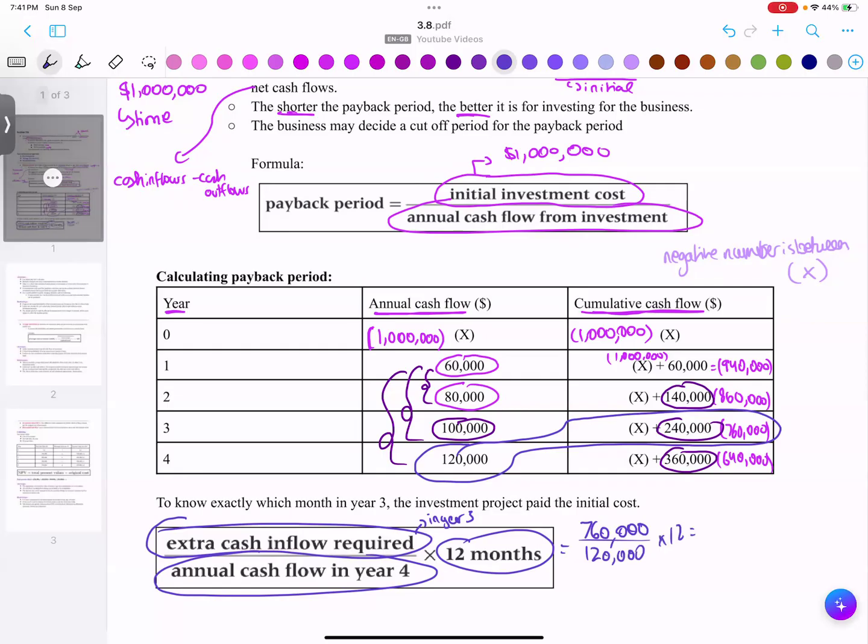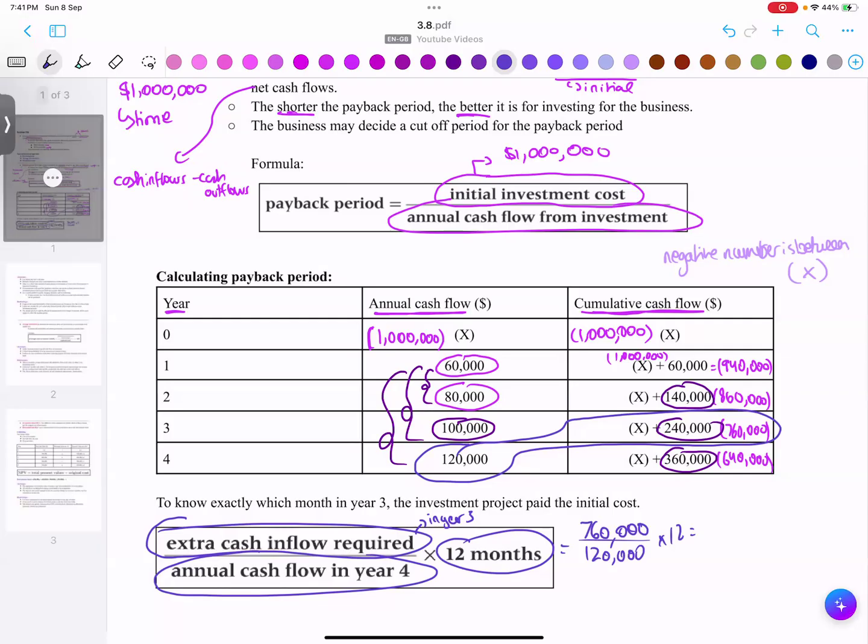Now this is not right, because 760,000 is really high compared to 120,000 in year 4. So it's technically wrong for the example I gave you, but this is generally how it works.